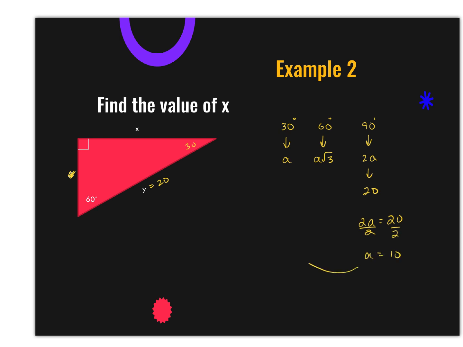And again, once I know that, I know the side opposite the 30 is 10, and the side opposite the 60 degree angle is 10 radical 3. And so again, it doesn't really matter which one you're given as long as you apply it correctly. You plug it into these ratios and you find the A value.